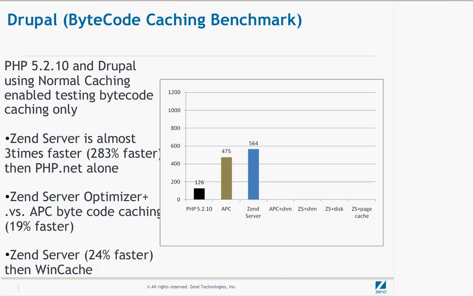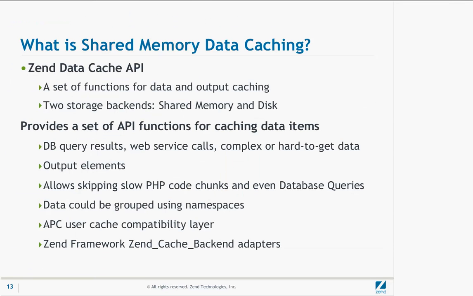When we compared Optimizer Plus, which is the bytecode cacher built into Zend Server, to APC bytecode caching, we're about 20% faster, 19% faster, so we were in that ballpark. And then when we compared this on a Windows environment to WinCache, we were somewhere in the neighborhood of 24% faster. Again, these benchmarks are available on our website if you're interested to dive in more deeply than this presentation does.